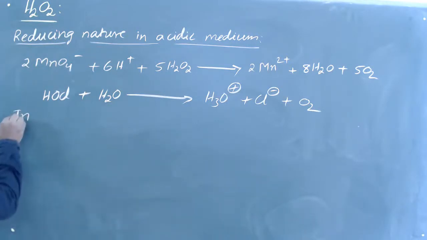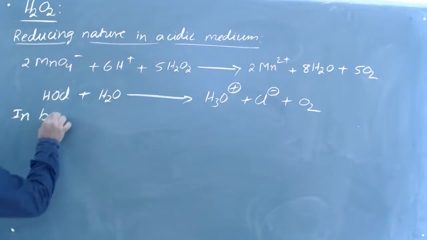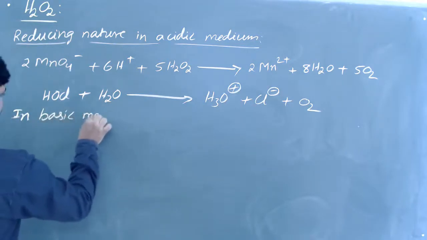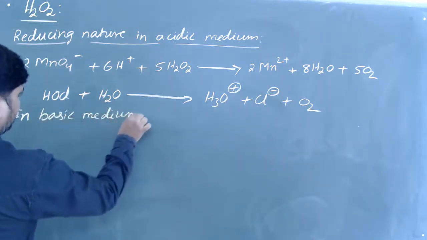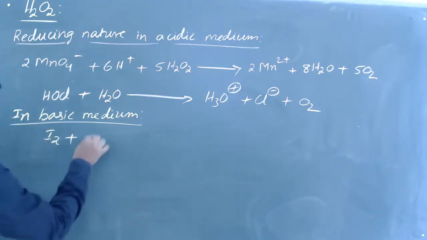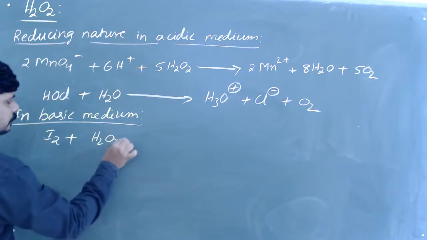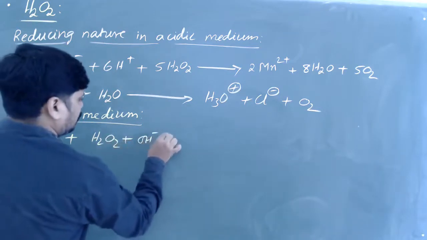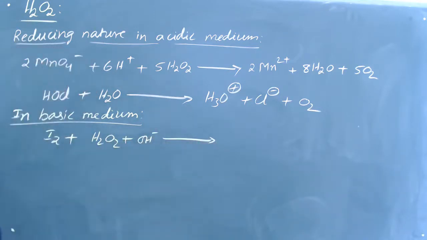in basic medium, how does the reduction take place? As an example you can take iodine. In presence of basic medium, the iodine gets converted to iodide.